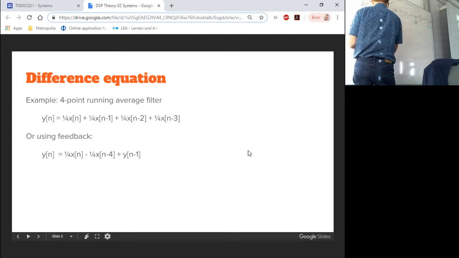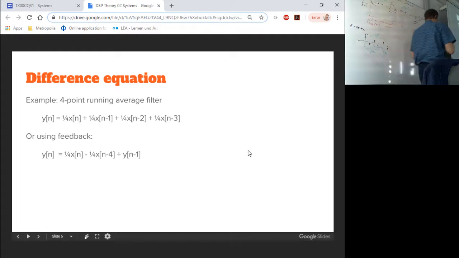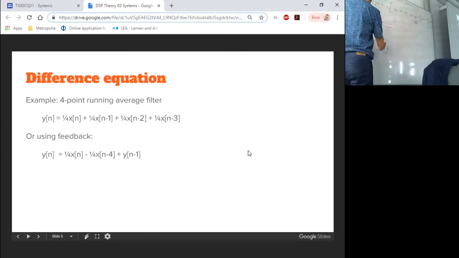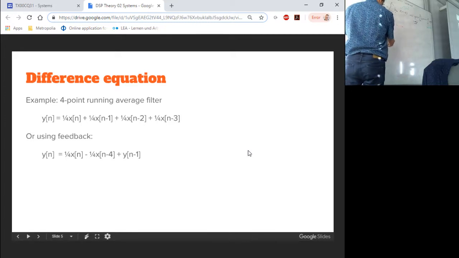Next one would be calculate y of 1 here. Next one actually goes from here to there, y of 2. Okay. So basically taking those values and then just brute force calculations and moving on.